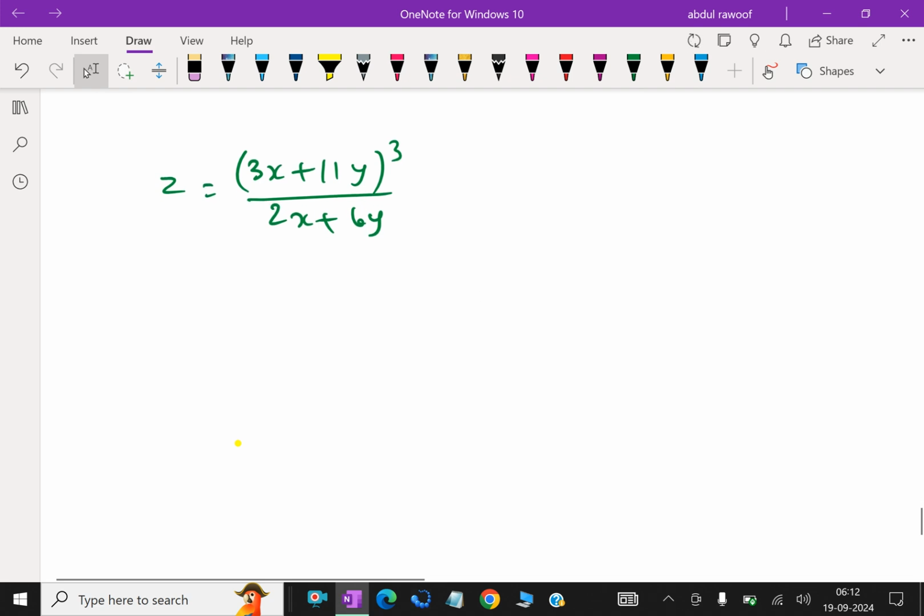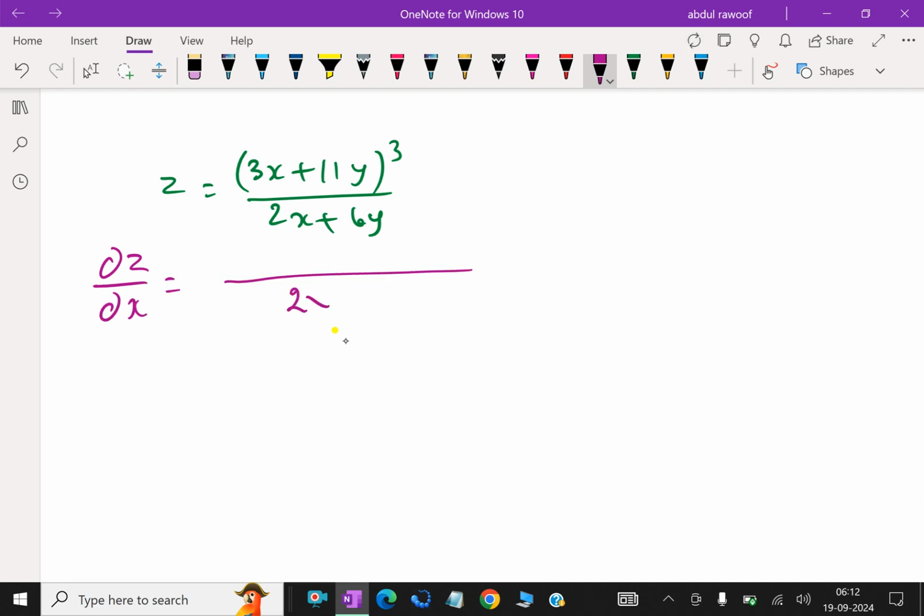Next is z equal 3x plus 11y whole cube over 2x plus 6y. Here, the combination of power rule and quotient rule. This is first, dou z by dou x is equal, first denominator square, 2x plus 6y the square.